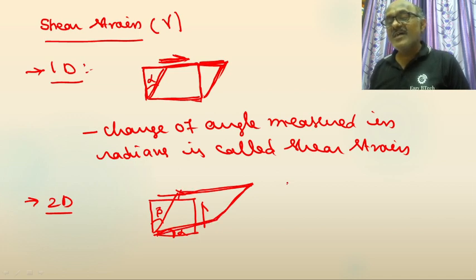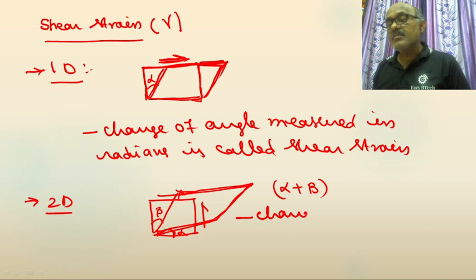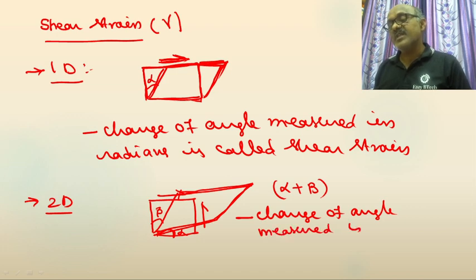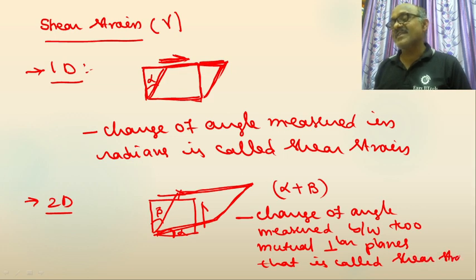That is alpha plus beta. This is called the shear strain in the two-dimensional case. That is the change of angle measured between two mutually perpendicular planes. That is called shear strain, my dear students.